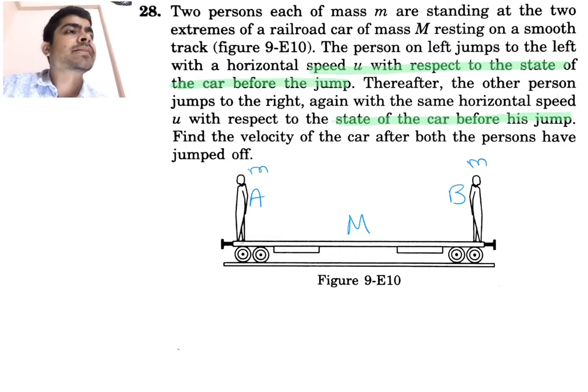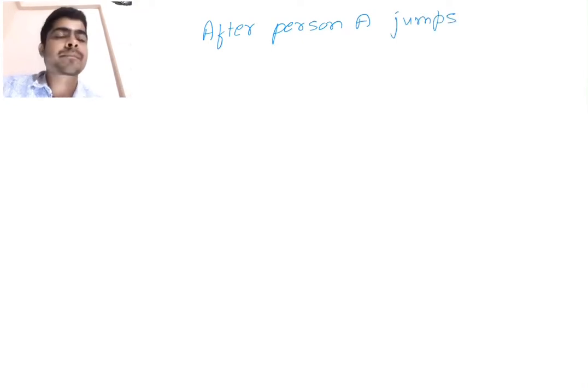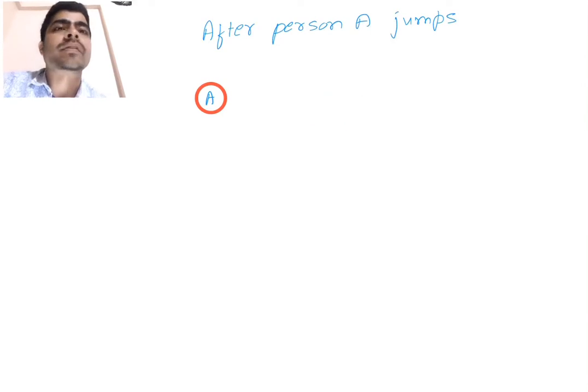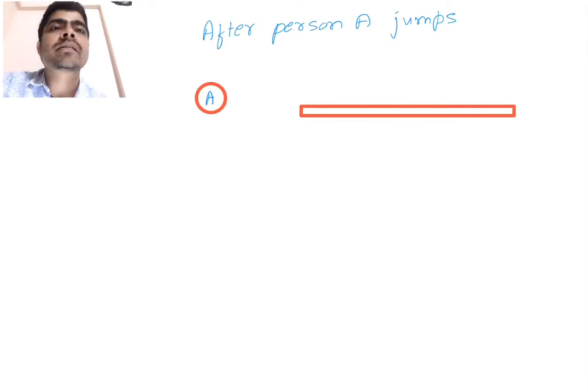So let's see. So after person A jumps, let's say this is your person A, and your car over here, this is your car, and this is the person B on the car, right?